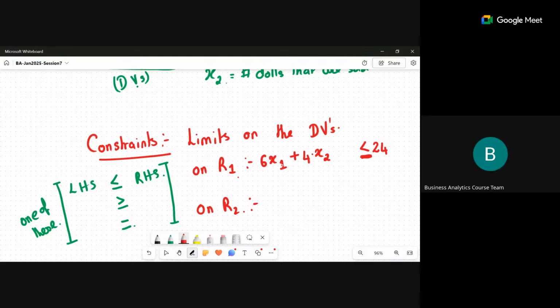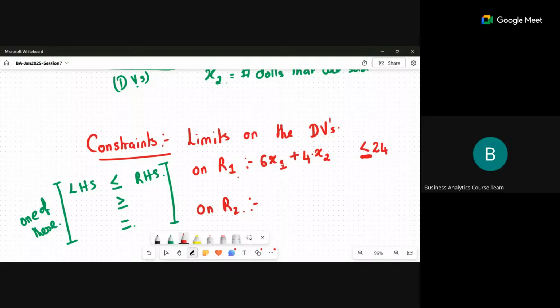I have 24 units of R1. If I decide to make 5 cars, I would require 5 into 6, which is 30 units. I don't have 30 units, so I cannot produce 5 cars. I can only produce 4 cars. 4 sixes are 24, which means I cannot produce any dolls.